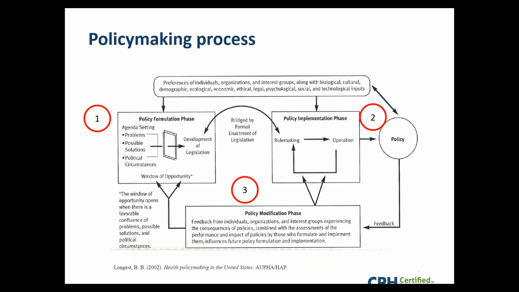It goes through 1, 2, 3 steps, starting with the policy formulation phase. Then once legislation happens, it goes into policy implementation, and that policy then is modified through certain factors. We'll discuss each of the three in order as we go through.